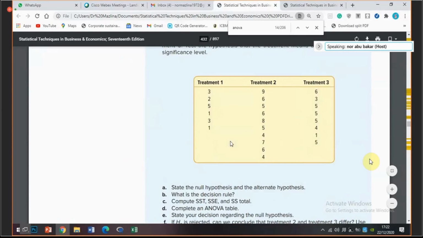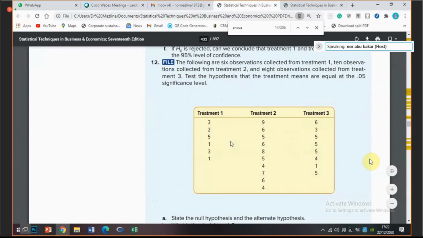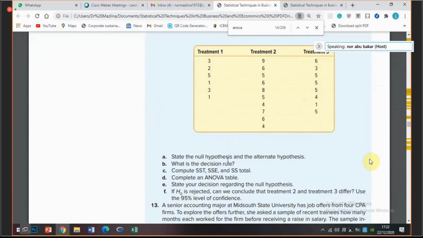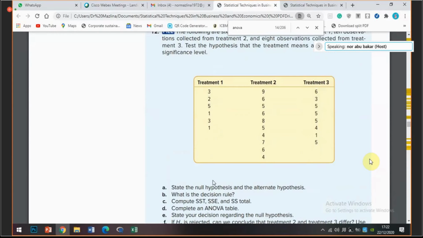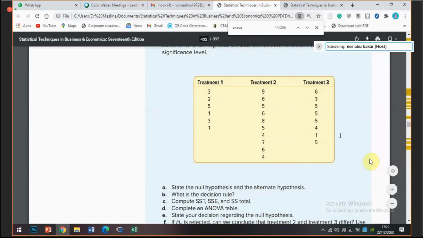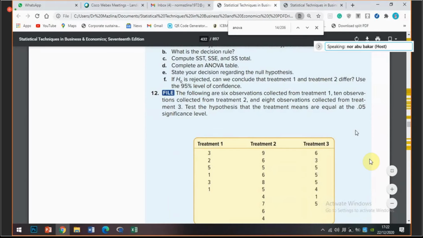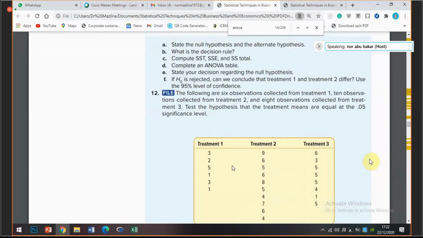Okay, and the other one that I asked you to do, I don't remember which, I think it's this one, right? Number 12. Okay, you have the 3 treatments. 6 observations collected from treatment 1, 10 from treatment 2, and 8 from treatment 3.